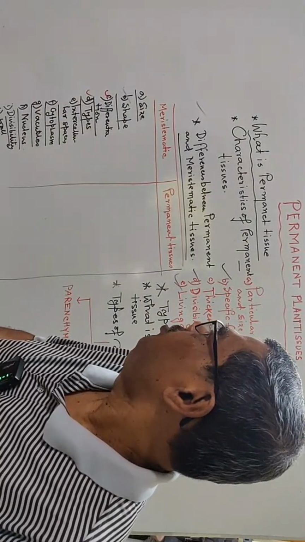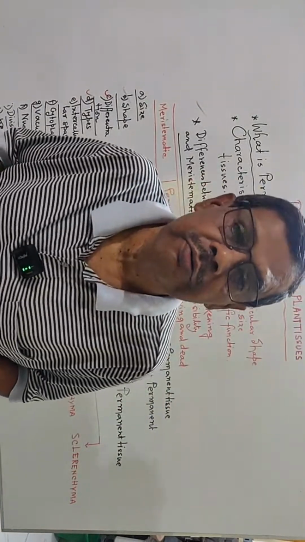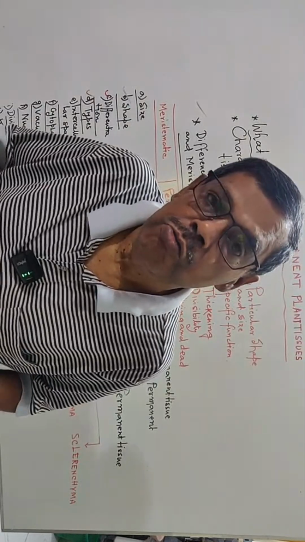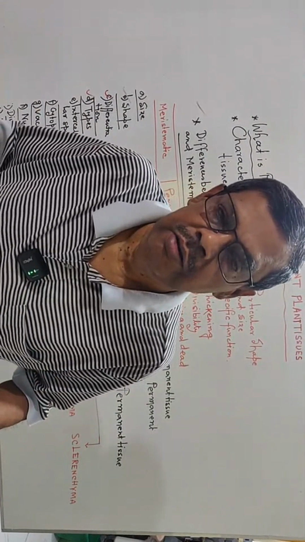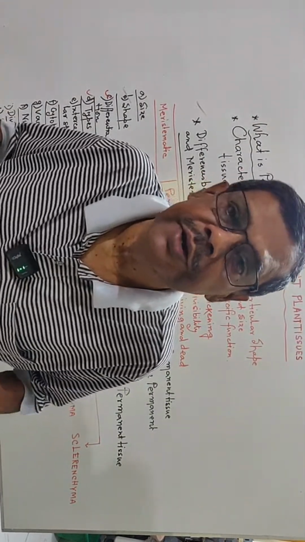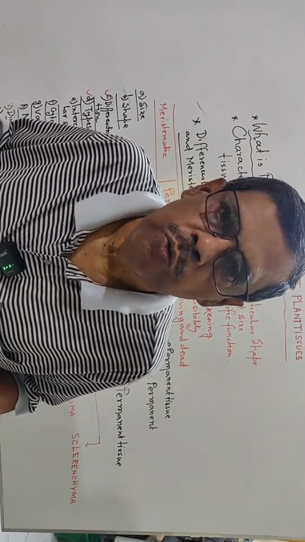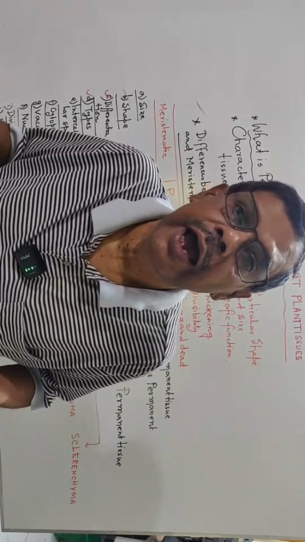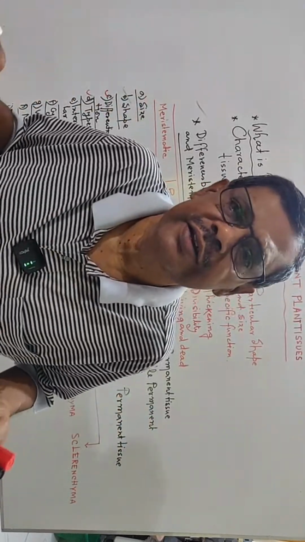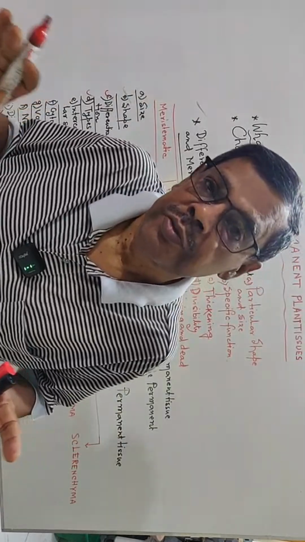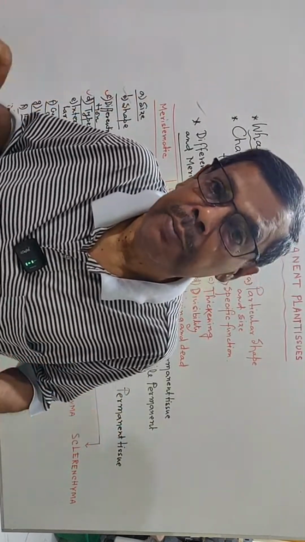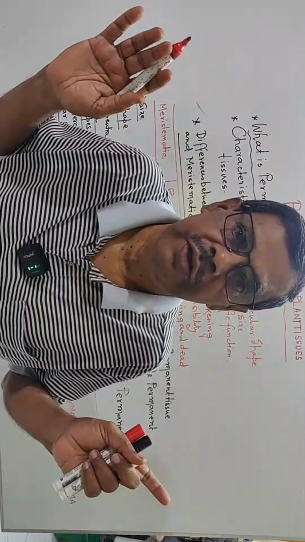Meristematic tissue is one type, but permanent tissue has several types. Though meristematic tissue can be divided according to position, etc., permanent tissue has different types.